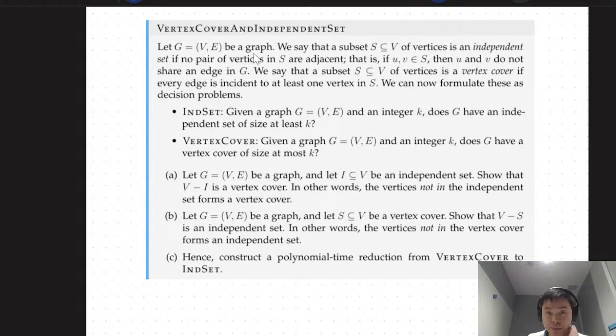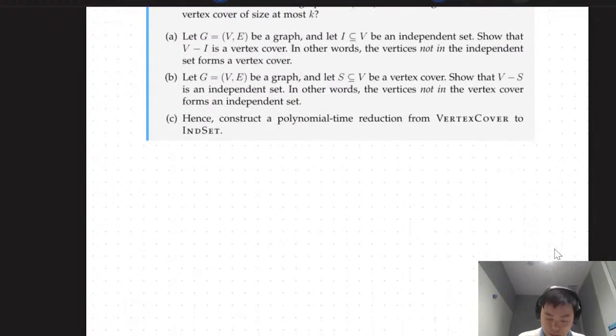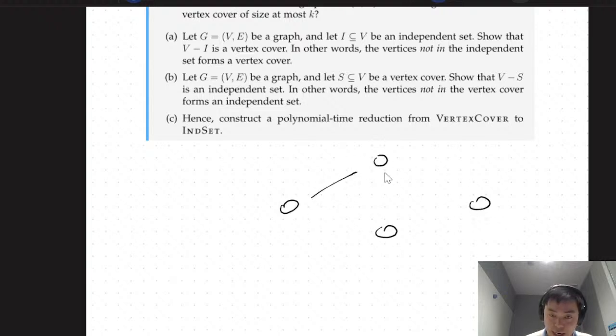So we say that a subset of vertices is an independent set if essentially no pair of vertices in my subset are adjacent. In other words, it's an independent set if there's no edge connecting the vertices. So maybe you have a graph that looks like this. Then these vertices here form my independent set because no pair of vertices that are highlighted share an edge.